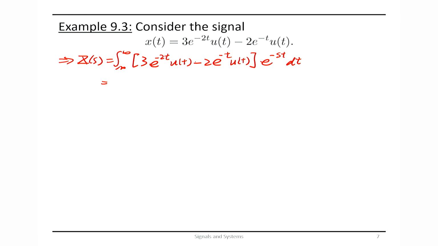We can split this into two integrals. The first one is 3 times the integral of e to the minus 2t u of t e to the minus st dt, minus 2 times the integral of e to the minus t u of t e to the minus st dt.